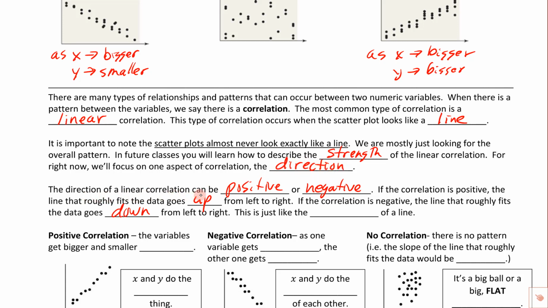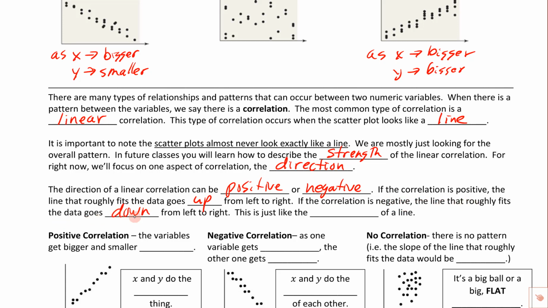So the direction of a linear correlation can be positive or negative. When we say the direction of the linear correlation, we're just going to describe it as a positive linear correlation or a negative linear correlation. If the correlation is positive, the line that roughly fits the data goes up from left to right. And if the correlation is negative, the line that roughly fits the data goes down from left to right.